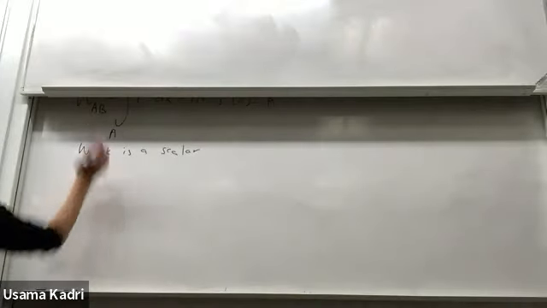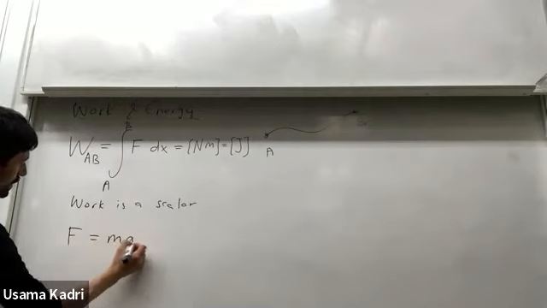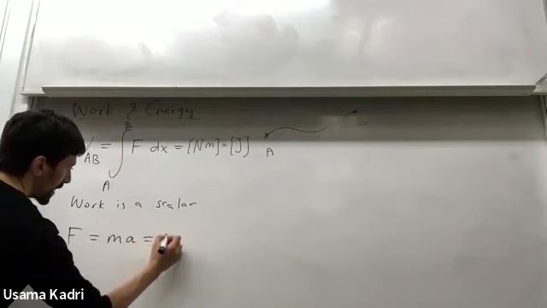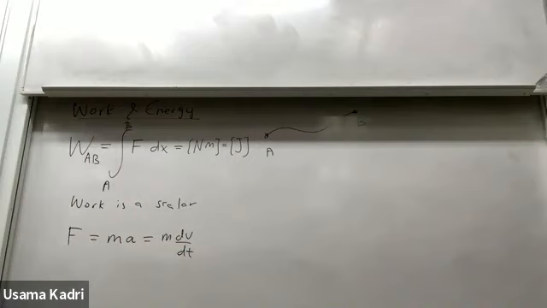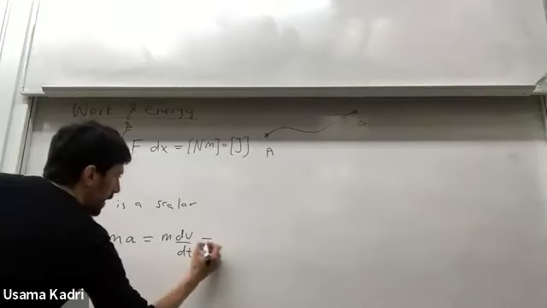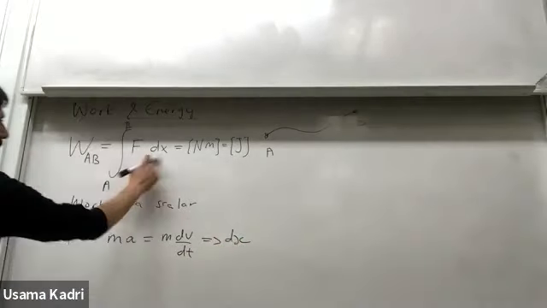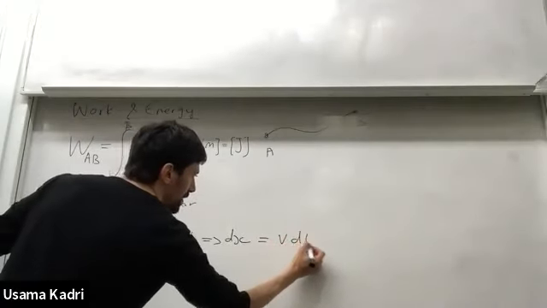F equals ma, and I can write a as dv dt. And dx is v times dt.